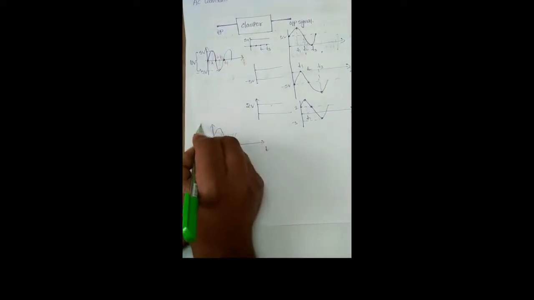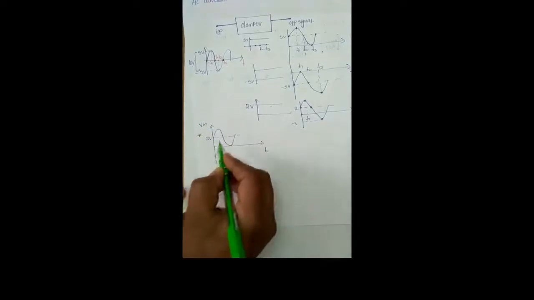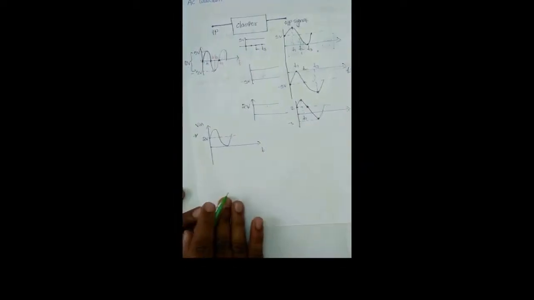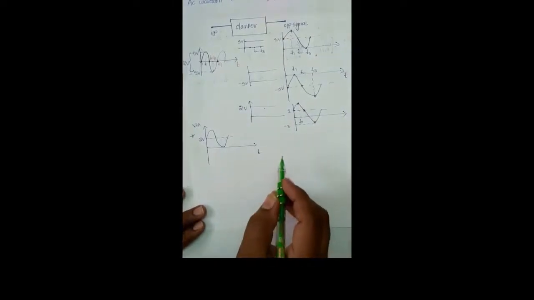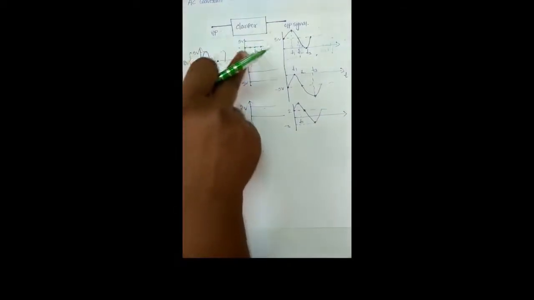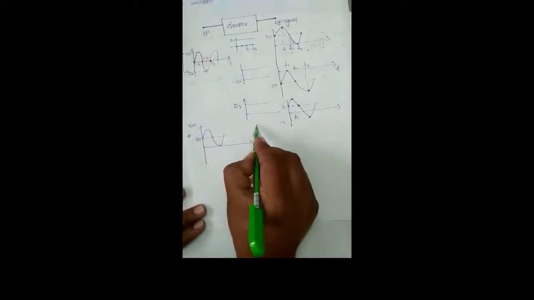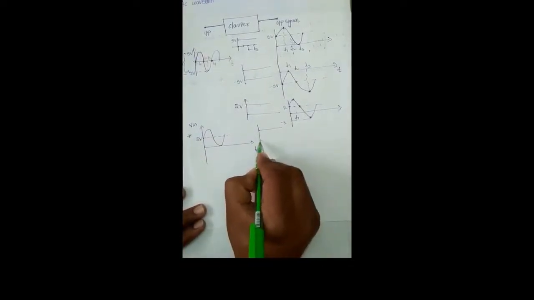Now this input signal is given to the input of this clamper circuit. At that time this clamper can remove this DC voltage. For example, here we consider that this is a negative clamper circuit, and we are adding minus 2 volts.